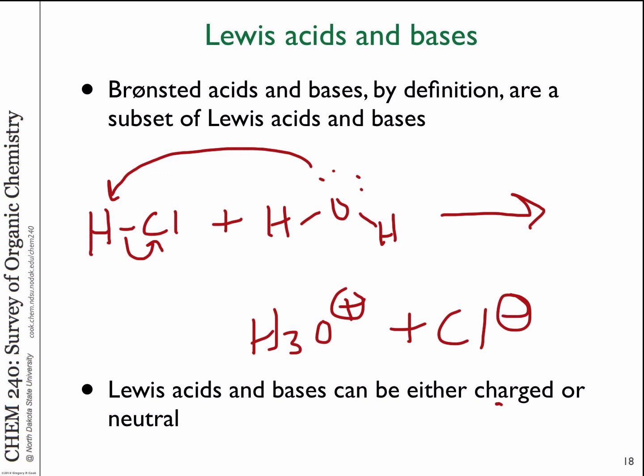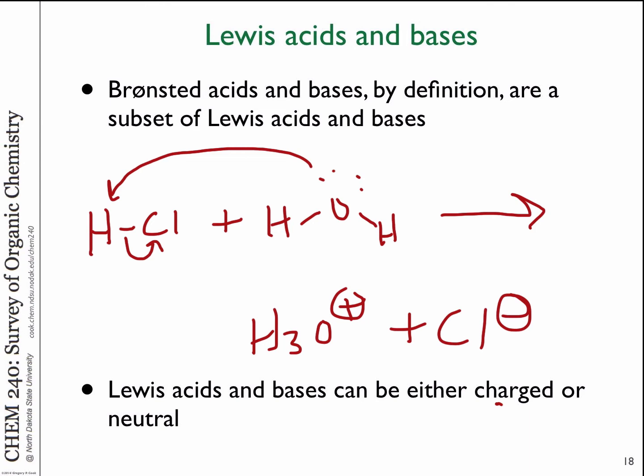Okay. So here, HCl is a Bronsted acid. It accepts a pair of electrons to form a new bond, and H2O is the Lewis base. It gives up a pair of electrons, not gives it away, but shares a lone pair of electrons with something to form a new bond. That formed the new bond to the hydrogen. Okay, makes sense, right? The proton here from HCl has accepted the lone pair from oxygen to form a new bond to the oxygen. The oxygen of water donated the lone pair to form the new bond with hydrogen.